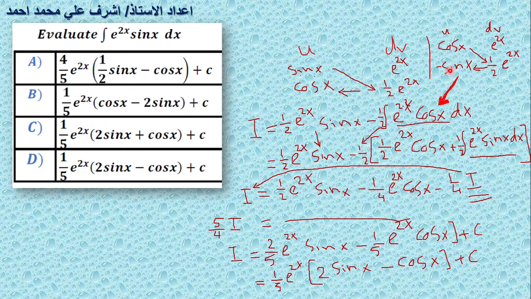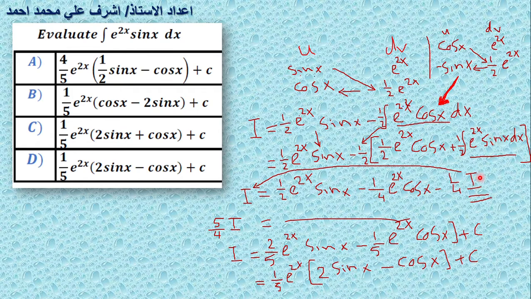By derivative, we get a negative sine, and by integration, 1 over 2 e to the power 2x. So u times v minus the integral of v du. Okay, we'll get this, but negative times negative is positive. This part is the original one. It's the same, so I'll make it I.